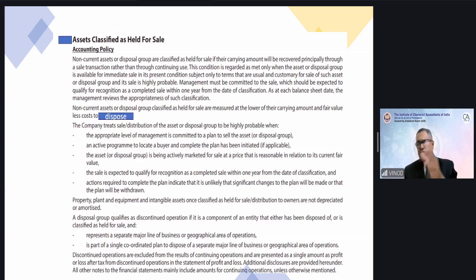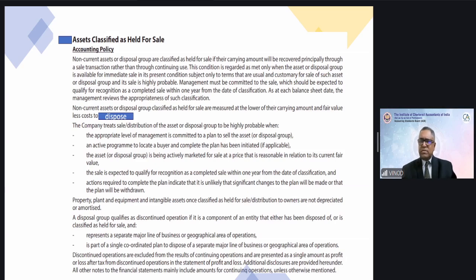It is writing all these conditions we discussed: the management's commitment, within 1 year it should be complete. Valuation is at cost or recoverable value, whichever is less, or fair value, whichever is less. The 5 points of ensuring that the sale will happen: tenders are there, documentation is there, buyer is identified.